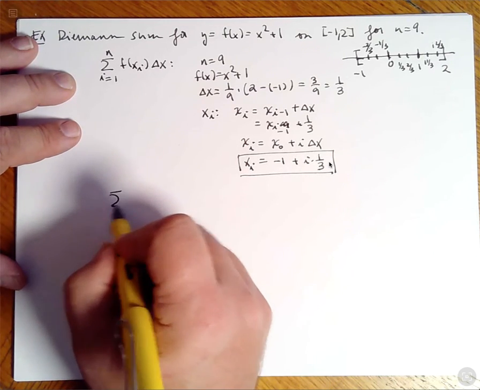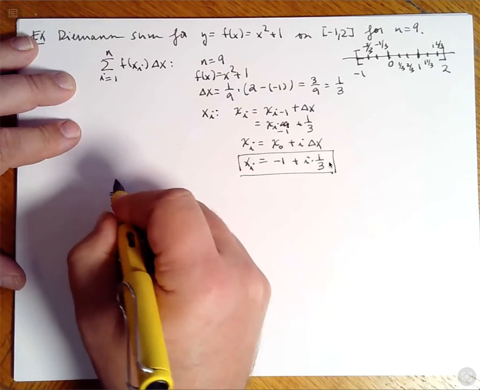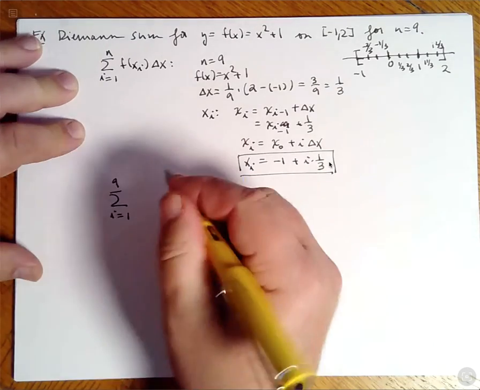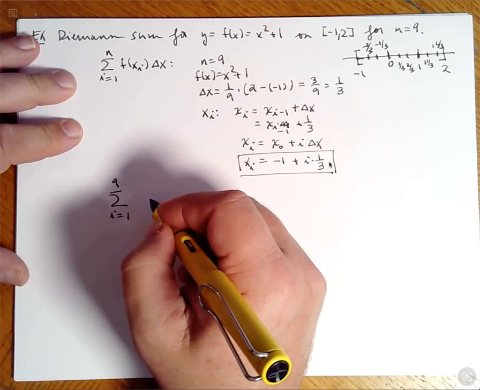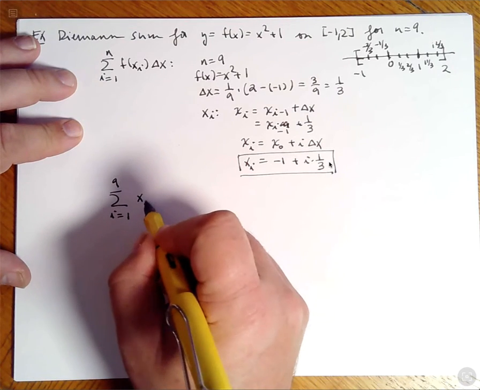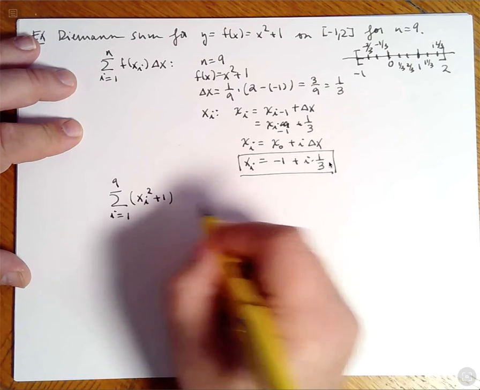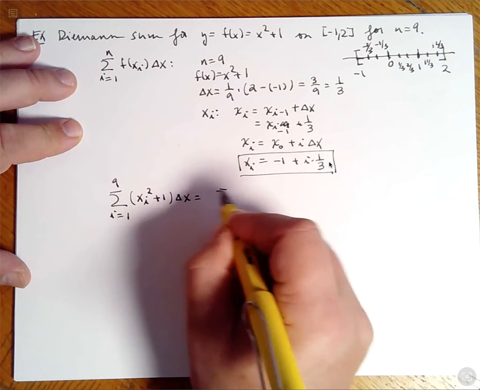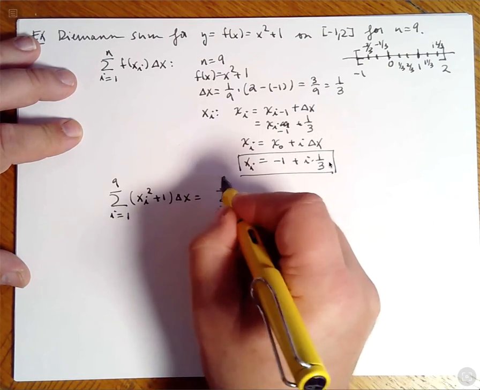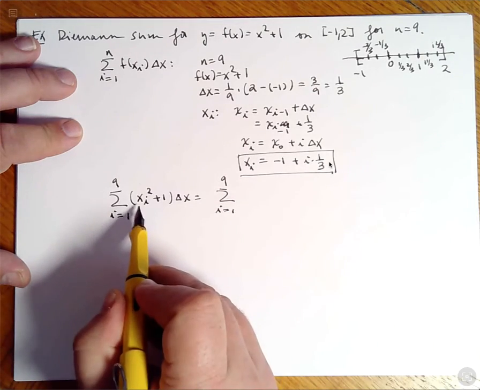So let's do it. I've got the sum as i goes from 1 to 9 of f of xi, so that's xi squared plus 1, times delta x. All right, so let's put in our formula for xi.